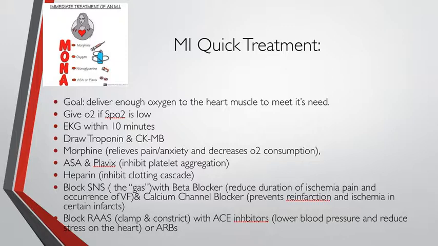Beta blockers, those help relax your heart muscle, slow your heartbeat, decrease blood pressure, which makes the heart's job to pump easier. They can also help limit the amount of heart muscle damaged and prevent future heart attacks.